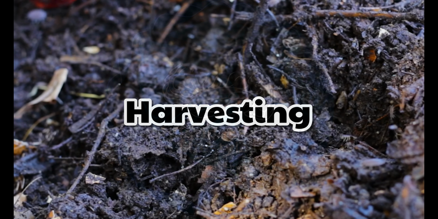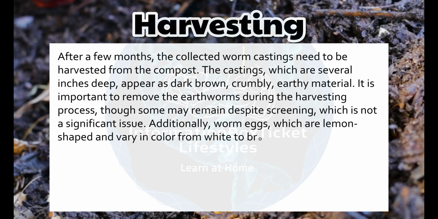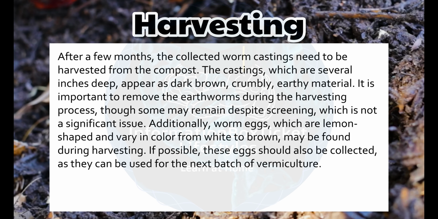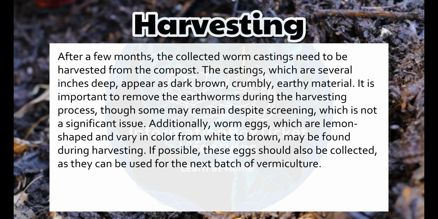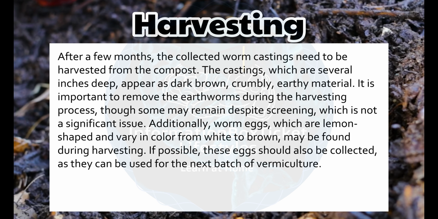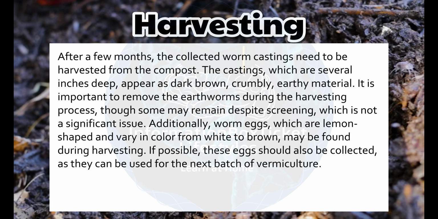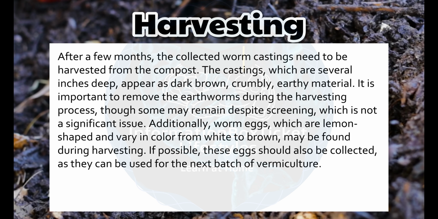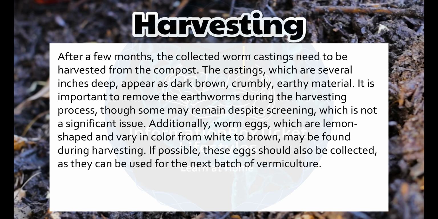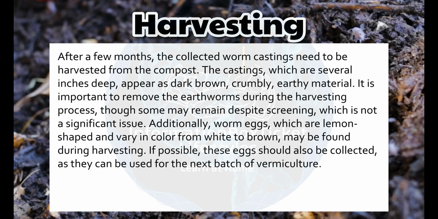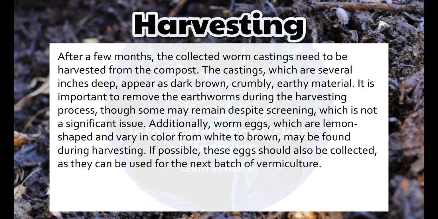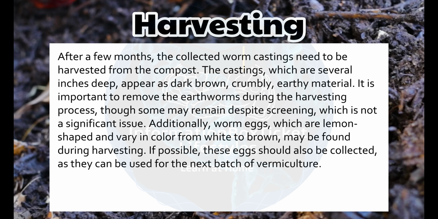Harvesting of vermicompost. After a few months, the collected worm castings need to be harvested from the compost. The castings, which are several inches deep, appear as dark brown, crumbly, earthy material. It is important to remove the earthworms during the harvesting process, though some may remain despite screening, which is not a significant issue.